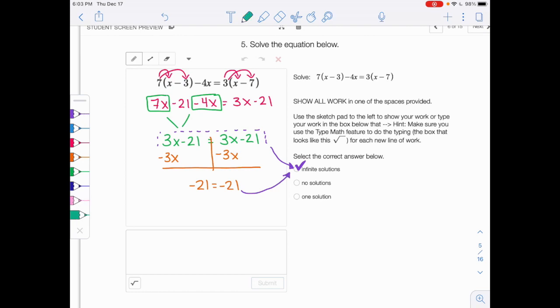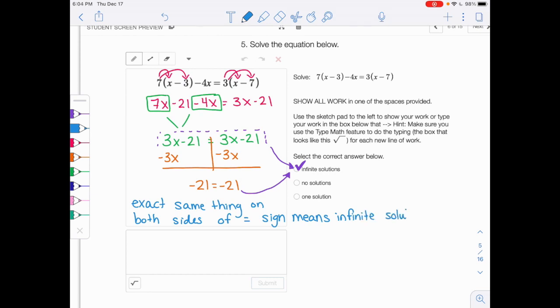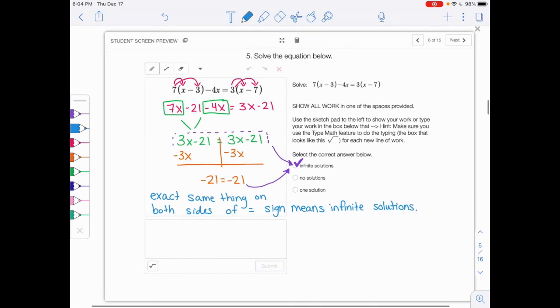So same thing on both sides of the equal sign means infinite solutions. Right, so you want to show some form of work before you select that answer. It says show all your work. So you really need to show at least up to this point.